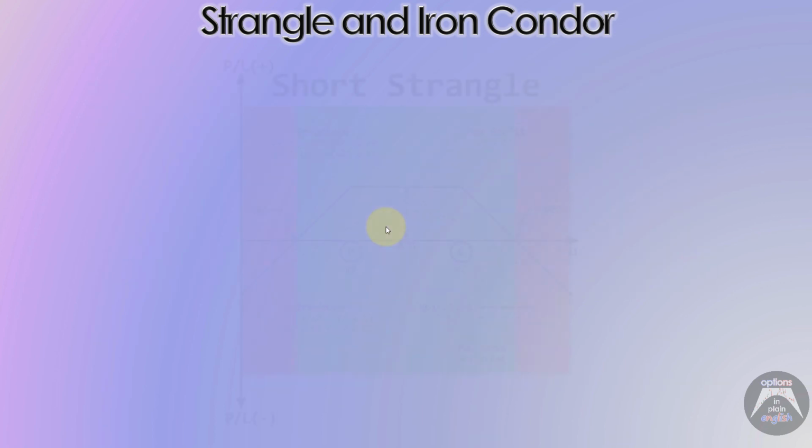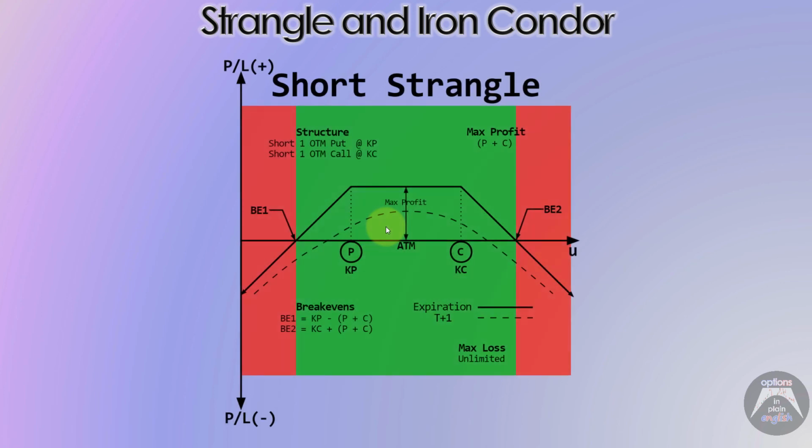We're going to start by looking at a Strangle. We're going to have an example of a Strangle to see how the different numbers work out in terms of break-evens, max profits, max losses, etc. So if we have an underlying, it could be a stock that's trading at $100. We're going to be selling a Strangle, and we're going to go $10 higher, $10 lower, selling those put and calls respectively.